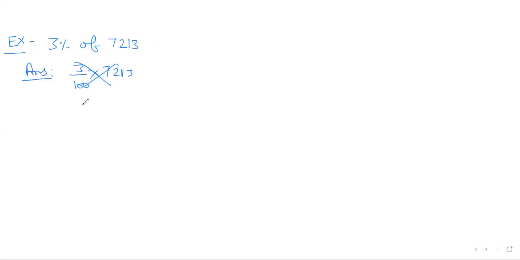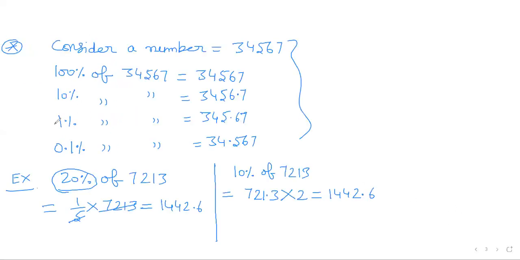So if we write 1% of 7,213, then it will be 72.13, right? 72.13, a decimal before 2 digits from the right side of the number.